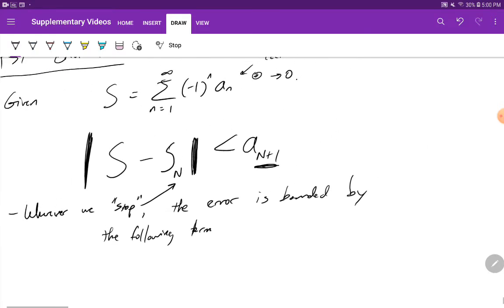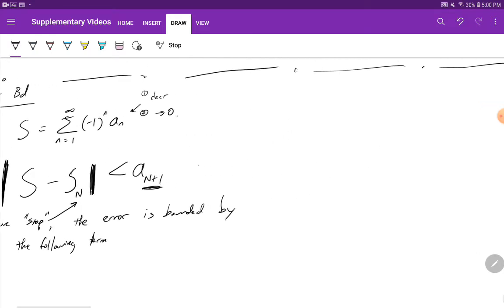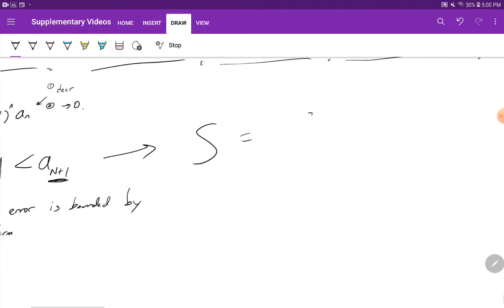Let me explain this in another way. If I have a sum, the thing that it goes to, I can represent as wherever I stopped plus the remainder for wherever I stopped. So this is where I stop, and this is the rest of the terms.